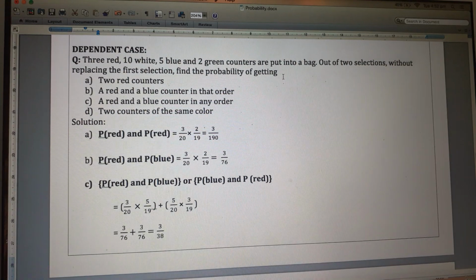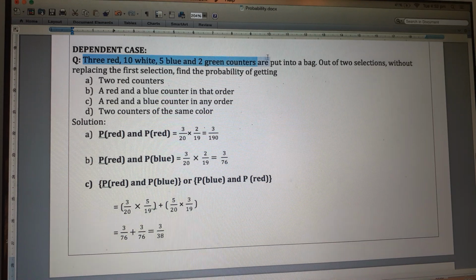Now in case of dependent events, I will be doing this example: 3 red, 10 white, 5 blue, 2 green counters are put into a bag. So we have a bag and we have 3 red counters, 10 white counters, 5 blue counters and 2 green counters in it, out of 2 selections without replacing.